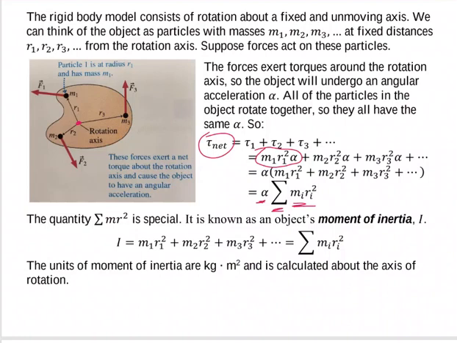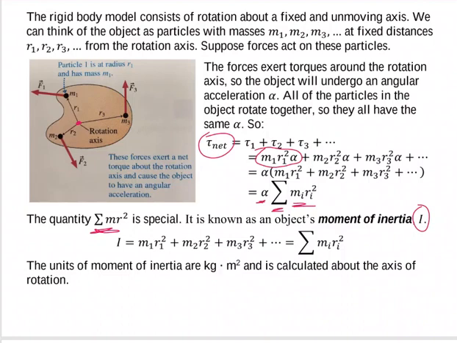So this quantity, the sum of m r squared, is special. It is known as an object's moment of inertia, I. Now we have this new thing called moment of inertia, and we call that I. So I equals m r squared 1 plus m r squared 2 plus m r squared 3, add it all together.